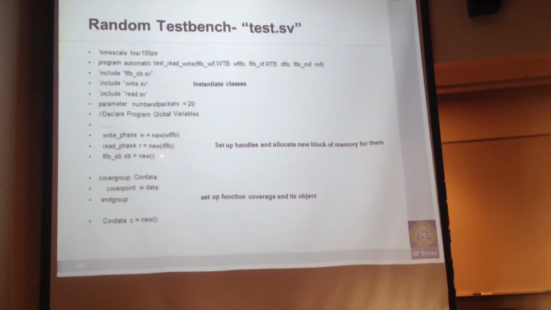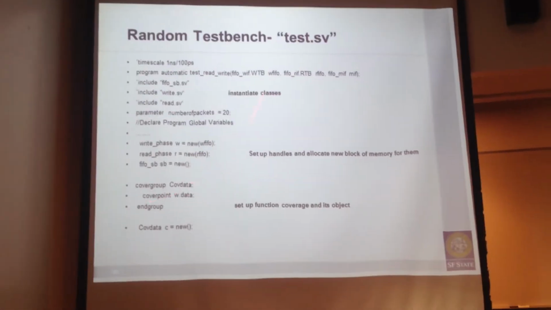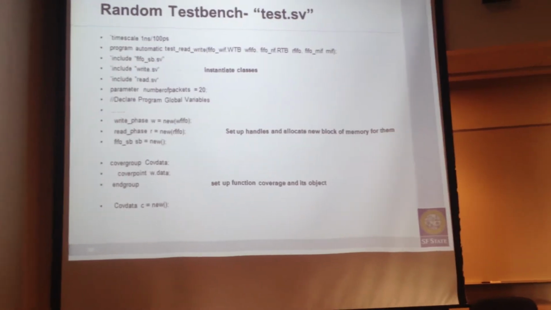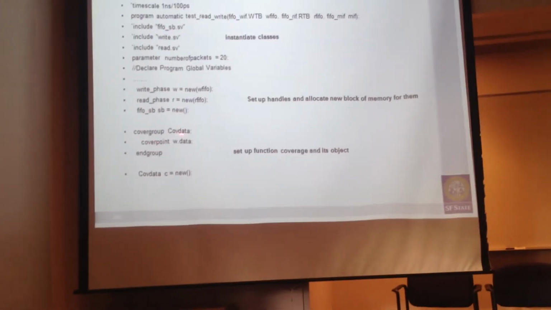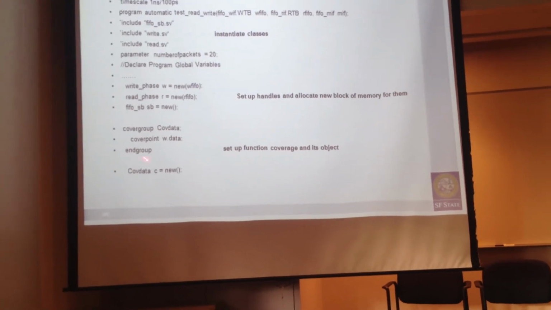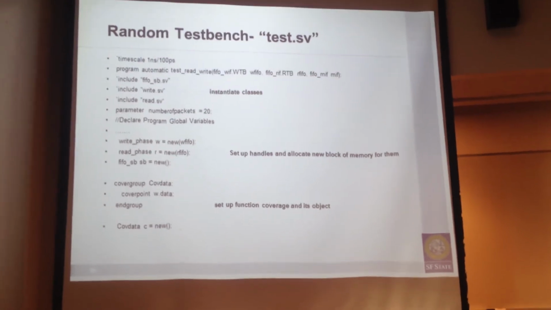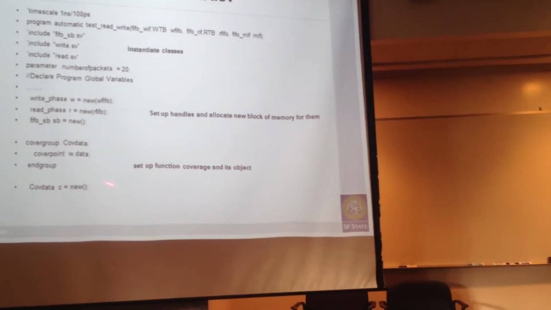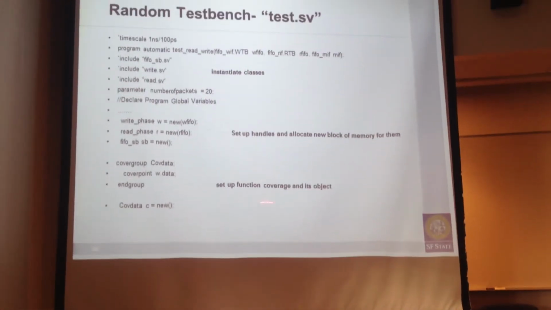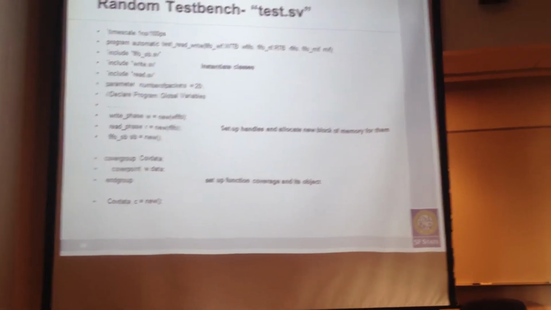You can see I call new write, new read. The handle right here connects to the design. And you can see the cover group, this is the cover function, the cover data, and it will cover the data. And I create a new handle for it, allocating a new block of memory for the function cover.